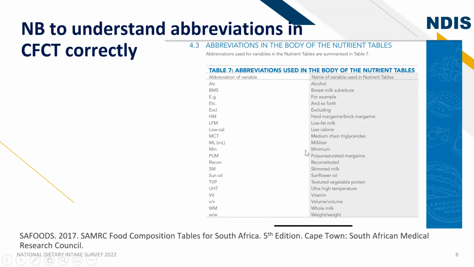So it's important to go through the whole thing, from the start of your food composition tables, to understand what is in the tables, what is available, where it comes from. So it's very important to not just skip everything and go to the tables and the nutritional analysis and values that are available, but to also read what the data is about and where it comes from, as I've previously mentioned. So these are the abbreviations that you should know.